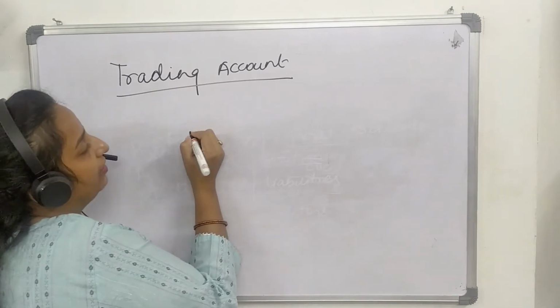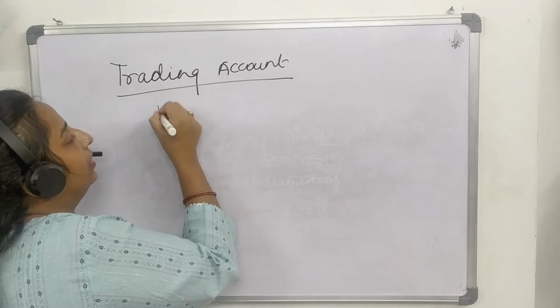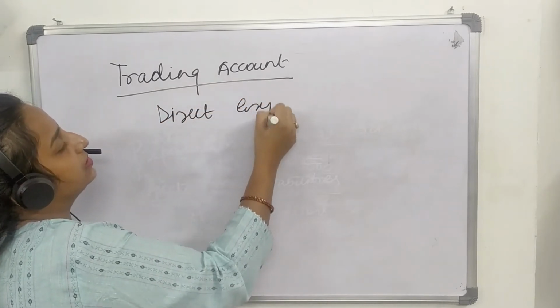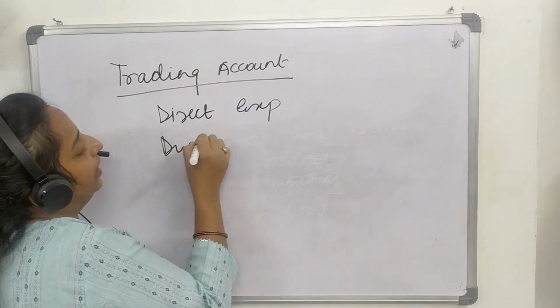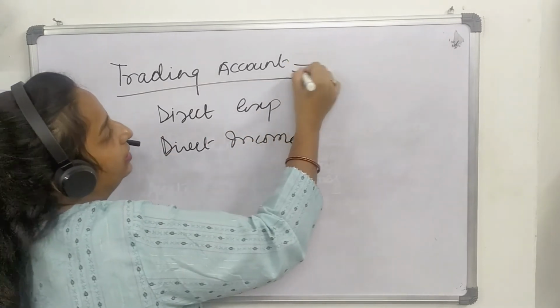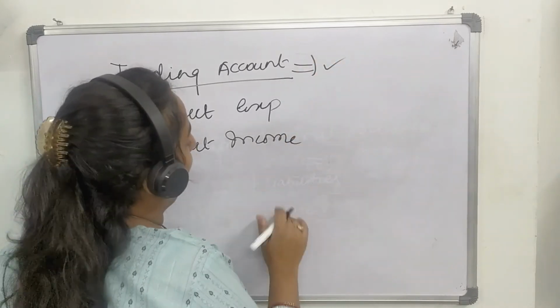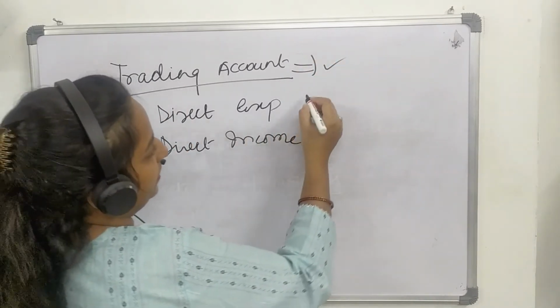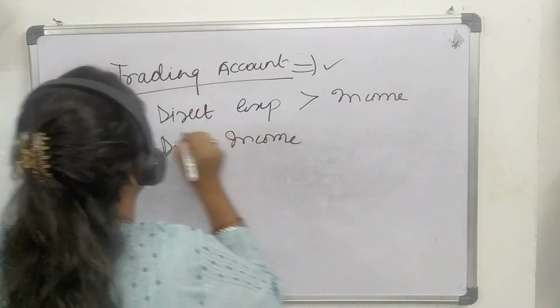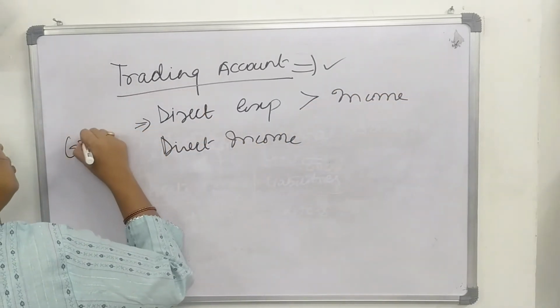Here, whatever expenses are direct expense and direct income are recorded in this account. If direct expense is more than income, we have gross loss.